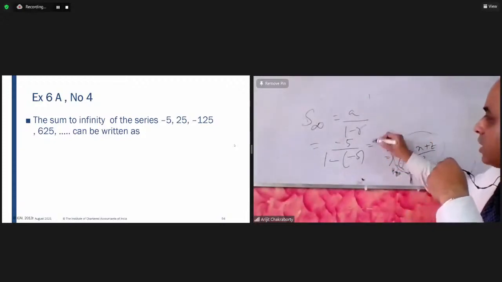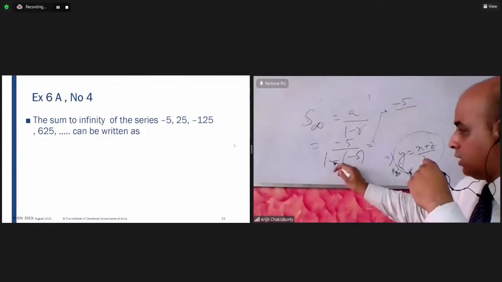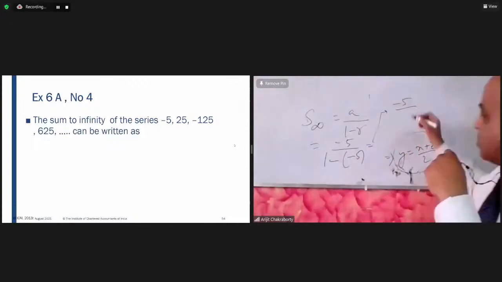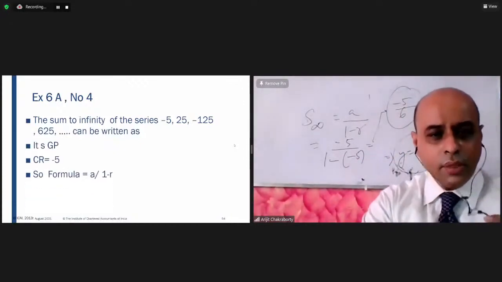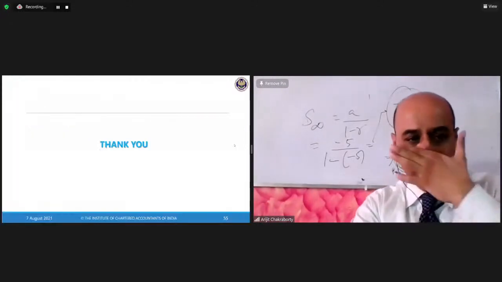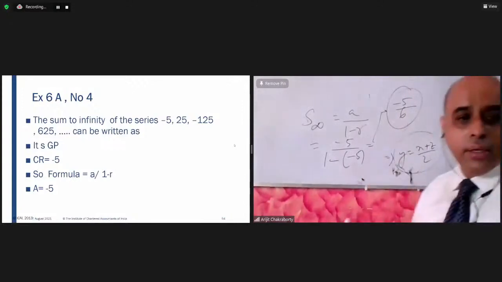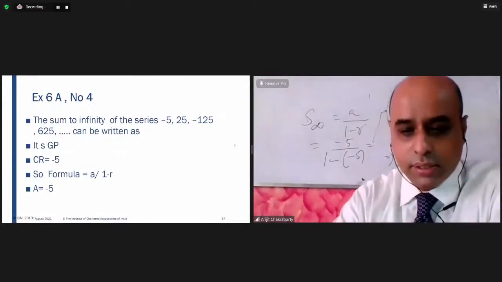So it becomes -5 in the numerator, and in the denominator you have 1 minus -5, that is 1 plus 5. 1 plus 5 is 6. So the answer is -5 by 6. It's a GP, and A is of course -5, therefore the sum is -5 by 6.